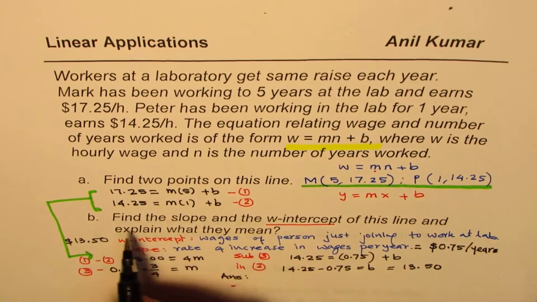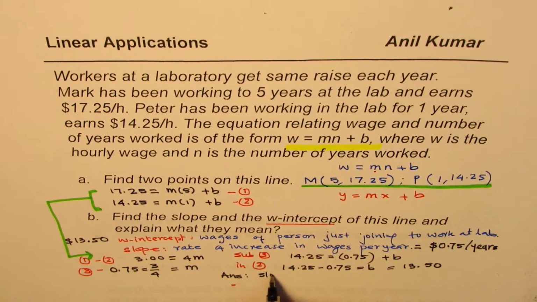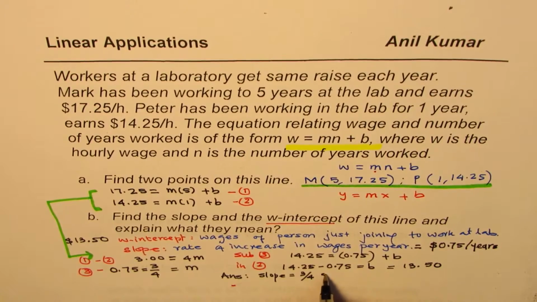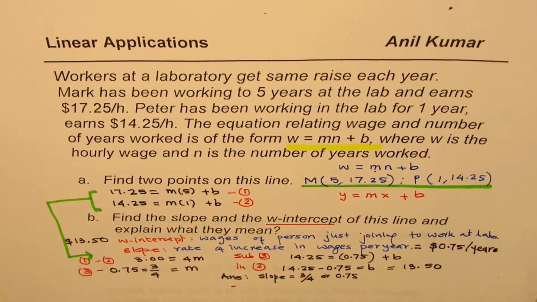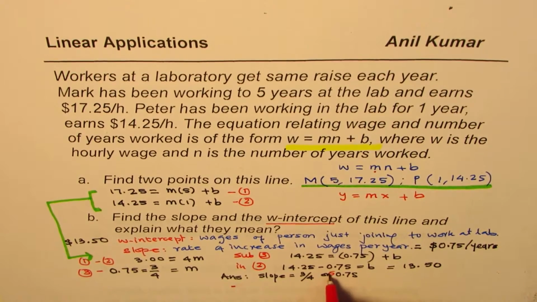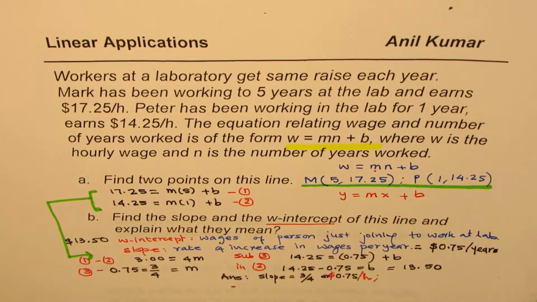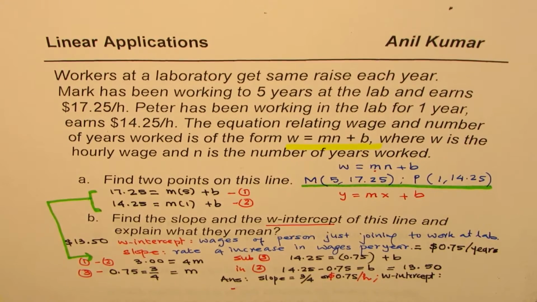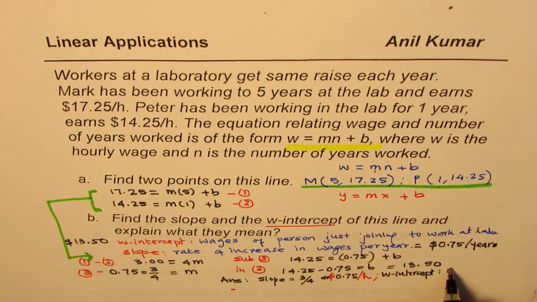The first one is the slope, which equals 3 over 4 or 0.75 dollars per hour. And the other one is the w-intercept, which is equal to $13.50.